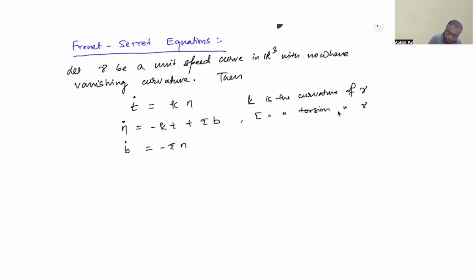Note that this normal vector is this vector product. Now you take the derivative. If I take the derivative, this will be equal to this.